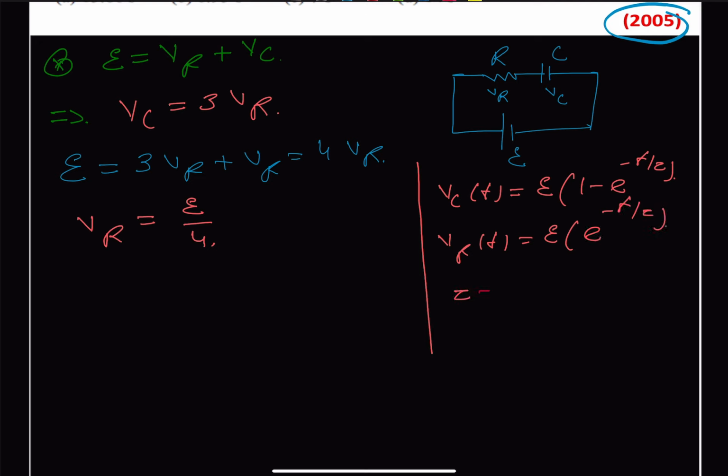Here tau is our time constant, which will be equal to R multiplied by C. We already know the values of R and C, so we simply calculate it. R is given as 2.5 mega ohm, which is 2.5 into 10 to the power 6. Capacitor is given as 4 microfarad, 10 to the power minus 6. Therefore, our time constant will be equal to 10 seconds.